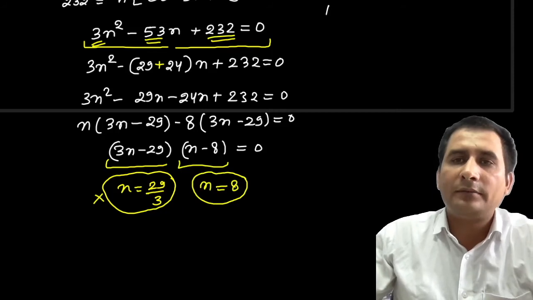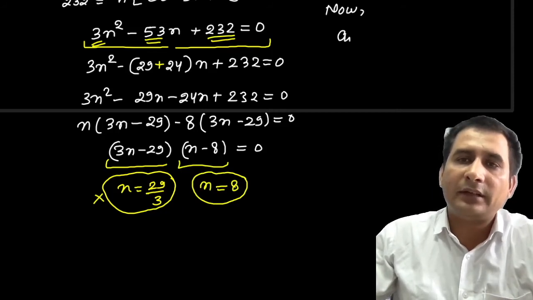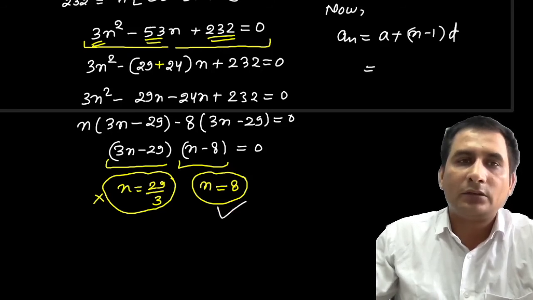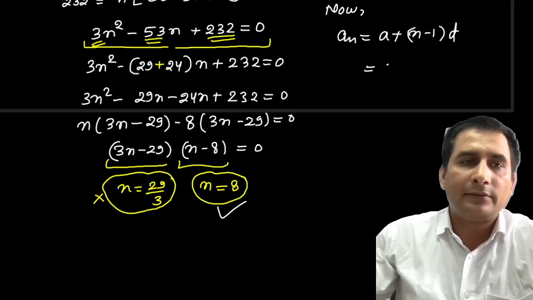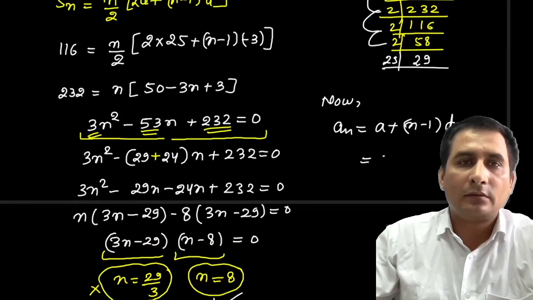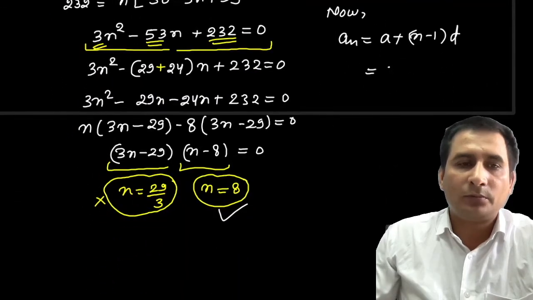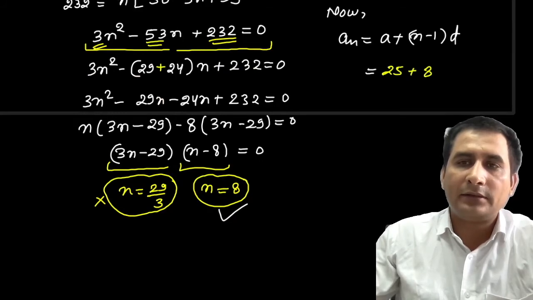So what do we need to find? We need to find an. An is equal to a plus n minus 1 into d. We select n equal to 8. What is a in this case? a is 25 and d is minus 3. So put the values here: a is 25, n is 8 and d is minus 3.